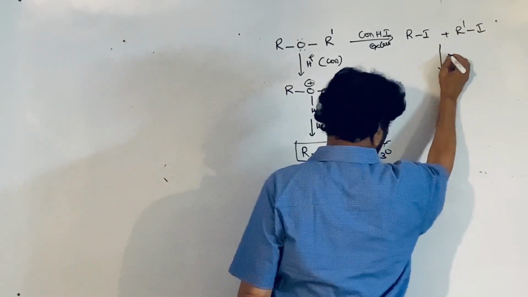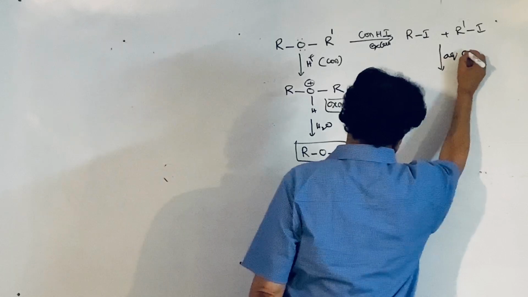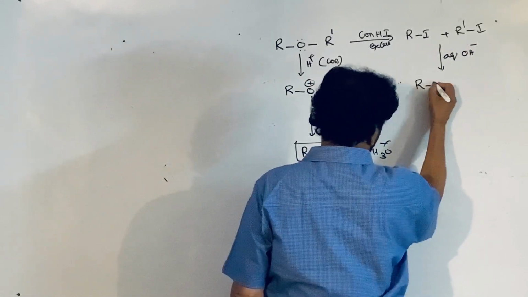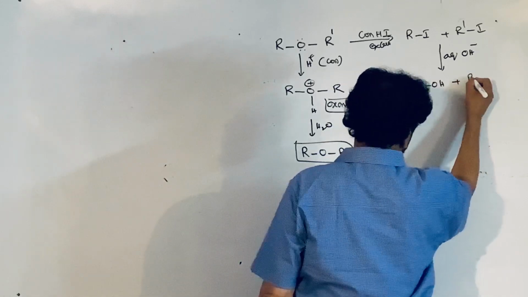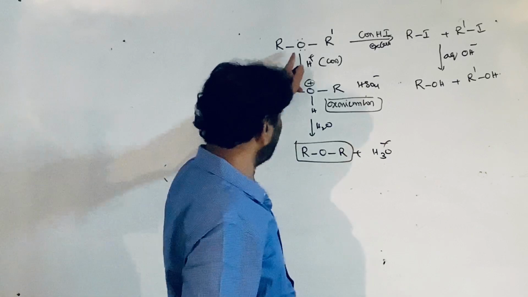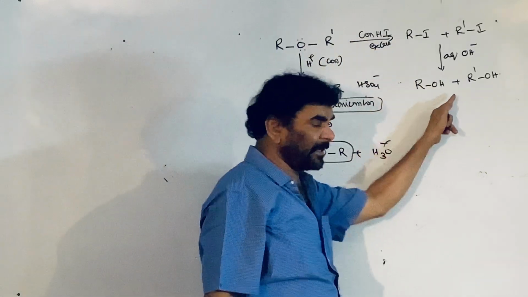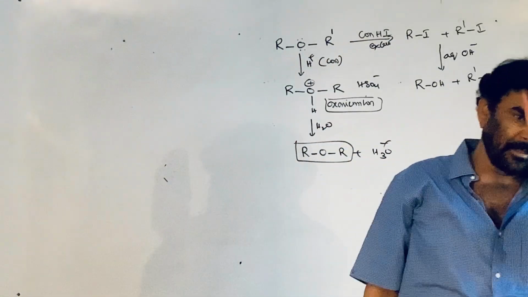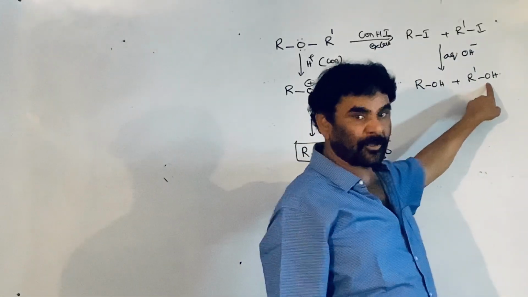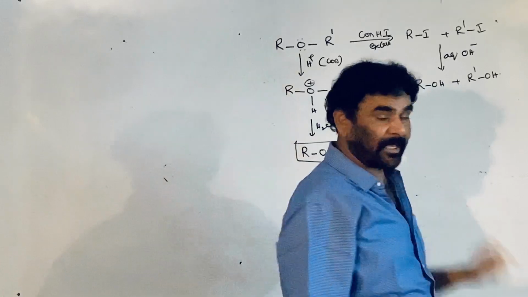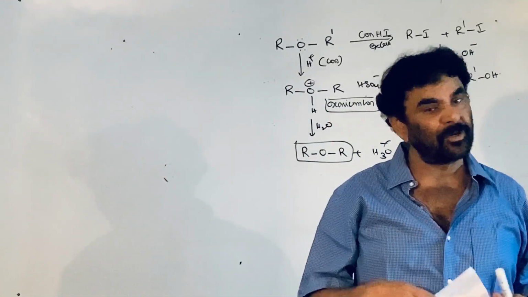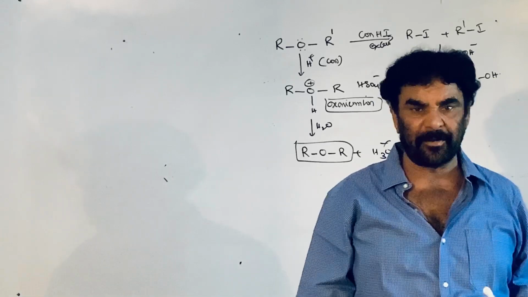On treatment with aqueous base, OH minus ion, KOH or alkaline solution, ROH alcohol is formed, and R'OH is formed. So ultimately, treatment with excess HI breaks the ether and two alcohols are produced, if the two R's are not the same. If the two R's are the same, only one product, 2 moles of ROH, is formed.